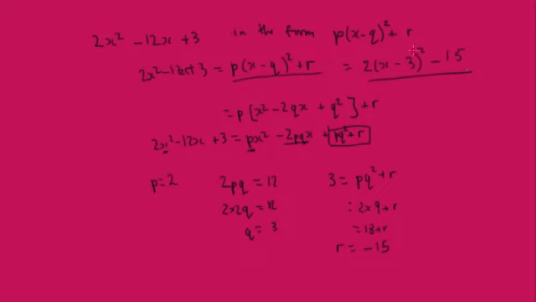I'll do one more example of completing the square. So let's do 5 over x plus 2 plus 3 over x minus 5, sorry, not 3, equals 1.